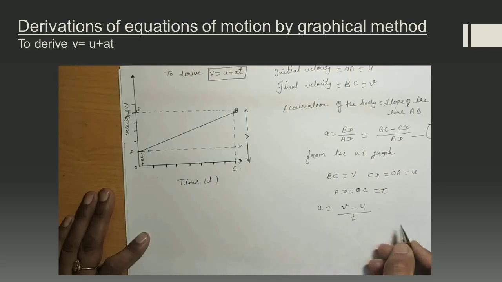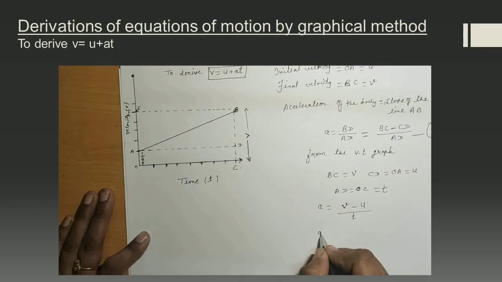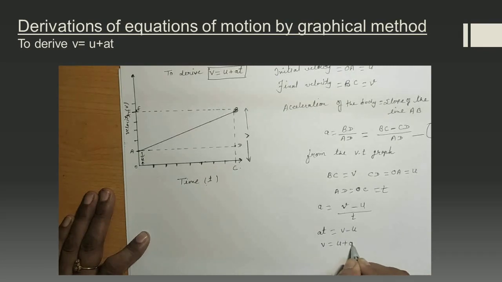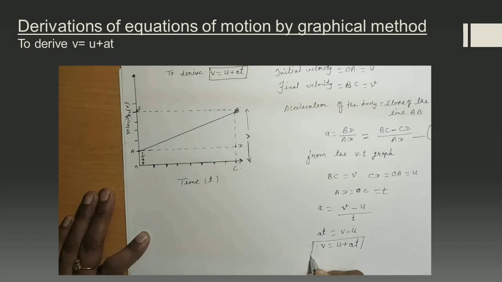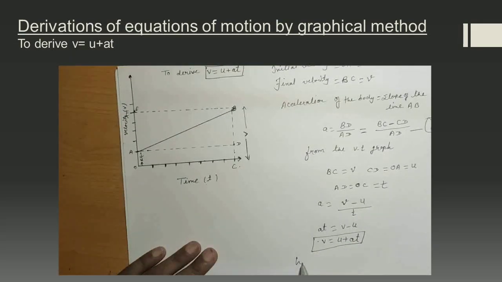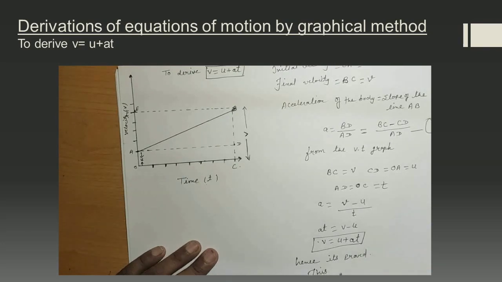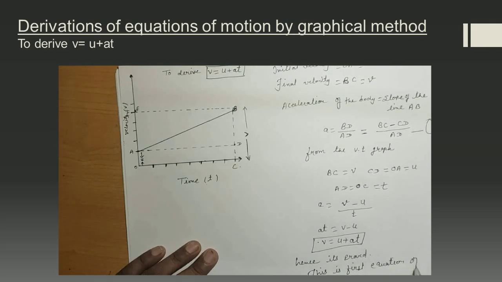Okay, so by changing the places, we can write at is equal to v minus u, or v is equal to u plus at. Hence, the first equation is proved. This is the first equation of motion.